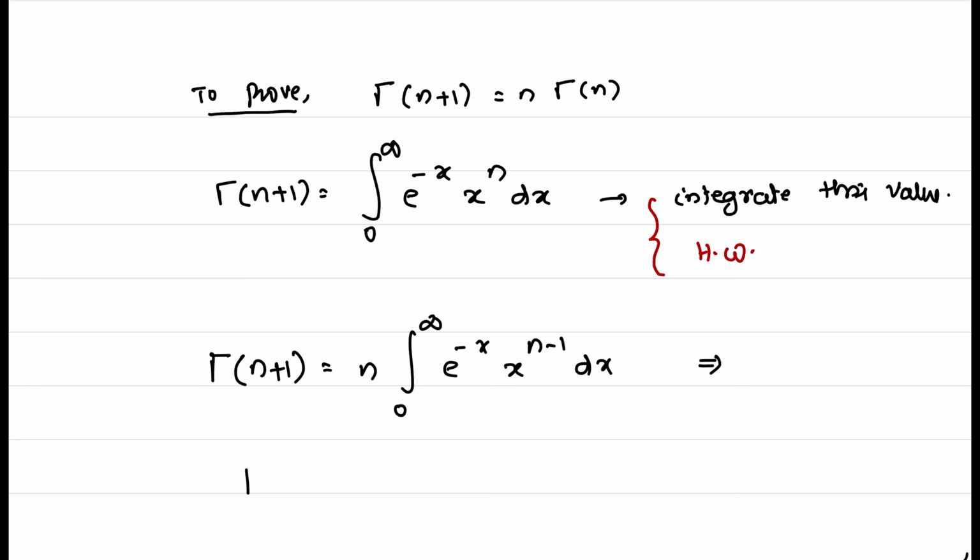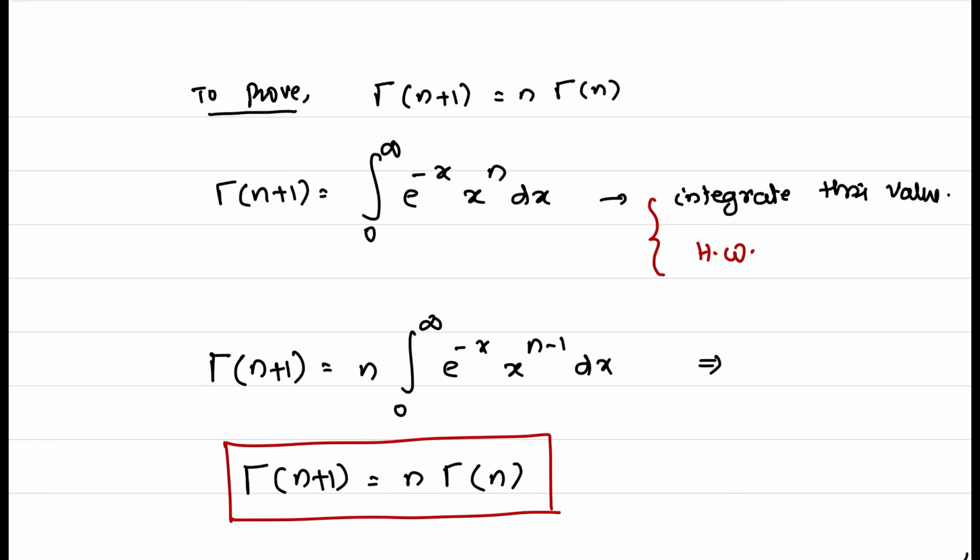That implies gamma n plus 1 is equal to n into gamma n. Proved.